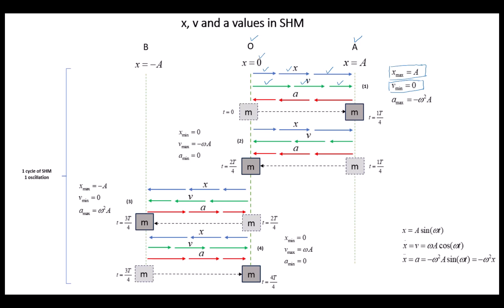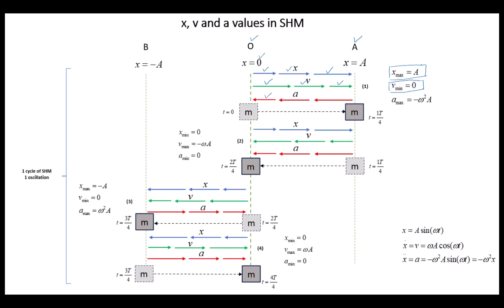Now, an interesting case for the acceleration. Acceleration has some value at the center point, which is the minimum value, as we also see in the other quarters. Acceleration is always pointing towards the center, and therefore the direction of the acceleration will always be opposite to the direction of the displacement.